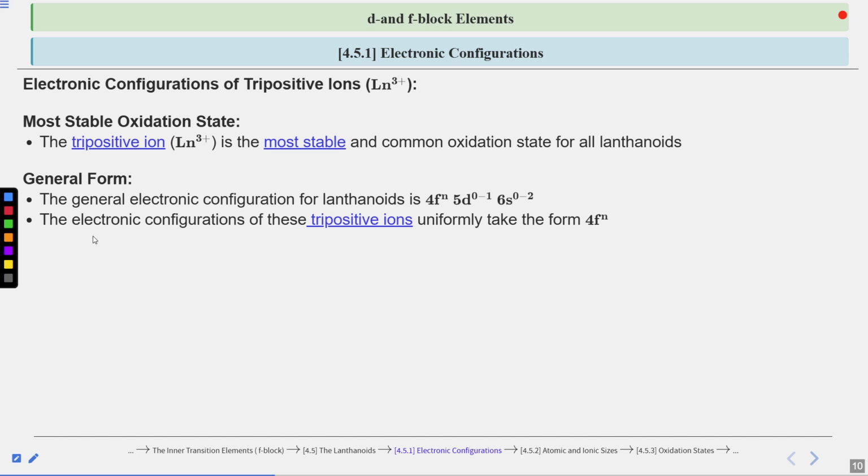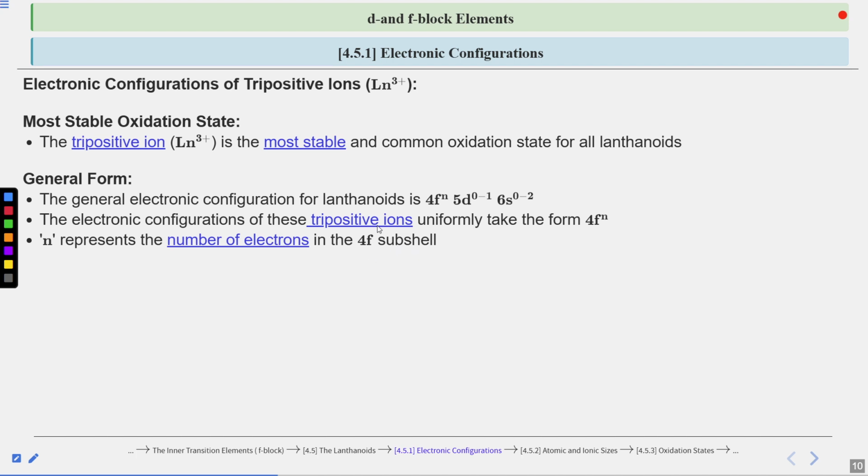When the lanthanoids attain a 3 positive charge, the tri-positive ions uniformly take the electronic configuration 4fn. The n here represents the number of electrons present in the 4f subshell.